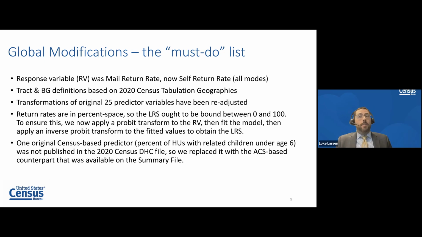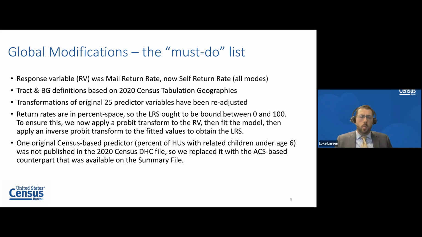And having to recode those to the minimum and maximum values creates some bias that we want to try to get away from. So what we're doing now is applying a probit transformation to the response variable, the self-return rate, prior to fitting the model. And then once we get those fitted values or predicted values when we're predicting, we apply an inverse probit transformation to those values, and then that's the low response score that we'll be publishing.